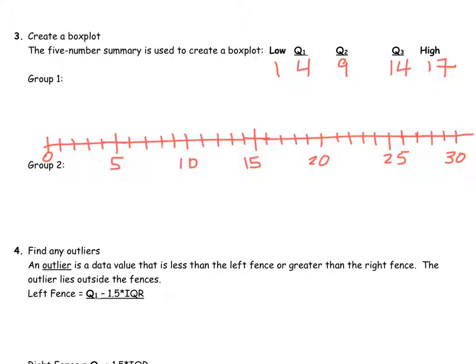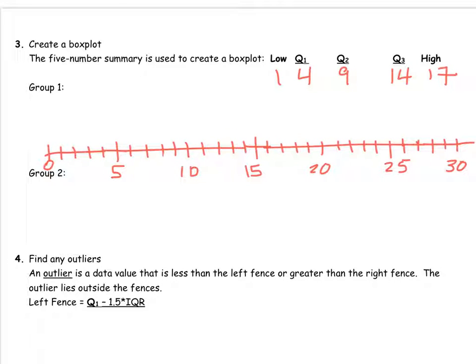And now what I'm going to do is at my low, which is 1, I'm going to put a little dot, and at my high, which is 17, which is right there, I'll also put a dot, about at the same height as where the dot was for number 1.